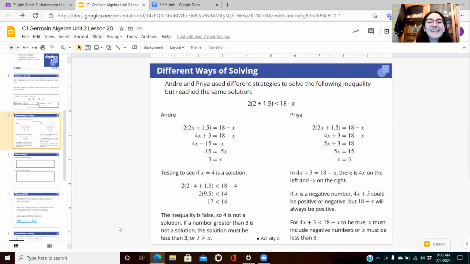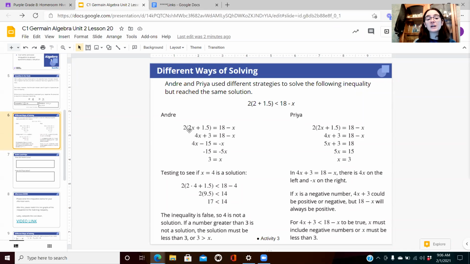Okay, here we go. Let's look at Andre's steps.